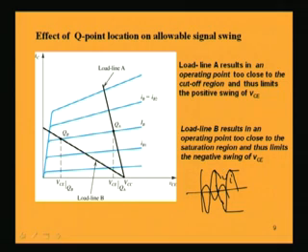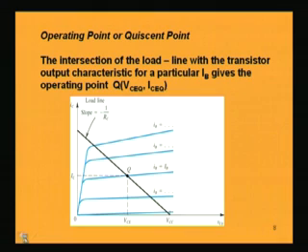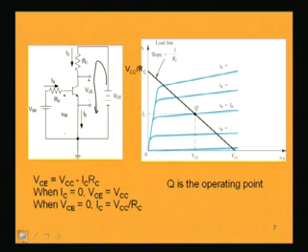If we look into the output circuit again, the Q point is determined by the intersecting point between the load line and the output characteristic for a particular IB in the DC circuit.